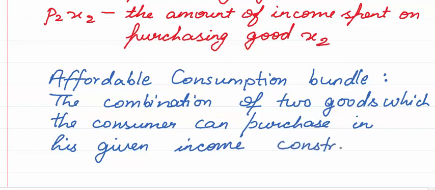So these affordable consumption bundles, which we have denoted by x1 and x2, will be called the budget set.